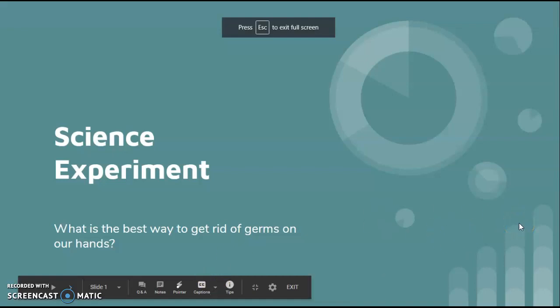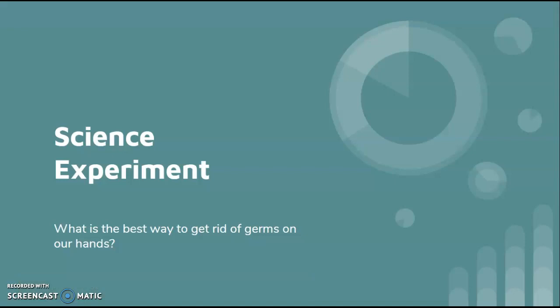All right, so we are going to be doing a science experiment looking at what is the best way to get rid of germs on our hands, right? So right now with this illness going around, we have been told to wash our hands, to not touch our faces, to use hand sanitizer, to sanitize everything and keep everything clean because we have these things called germs. And germs are the things that get on our hands throughout the day.